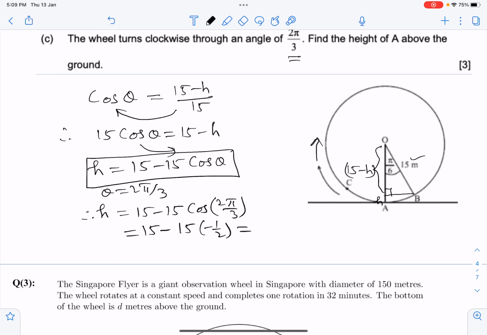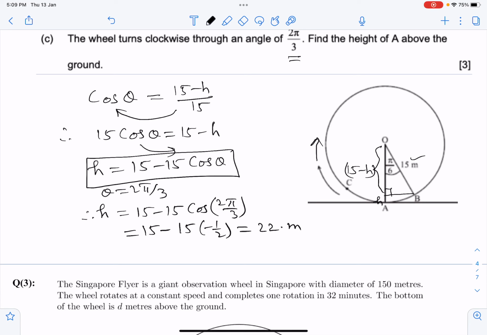Now I'll simplify all this in the calculator. So 15 plus, it will be now minus and minus, 15 plus 15 divided by 2, which is going to give me 22.5 meters.